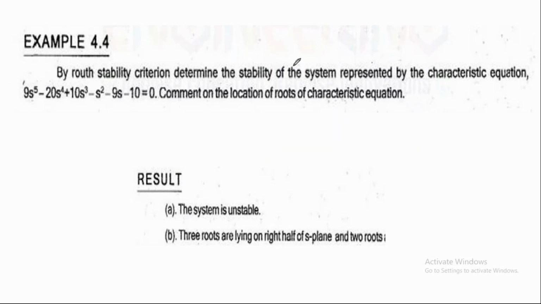So the highest order is 5, right? First of all, we can note down the powers in decreasing order: s power 5, s power 4, s cubed, s square, s power 1, and s power 0.